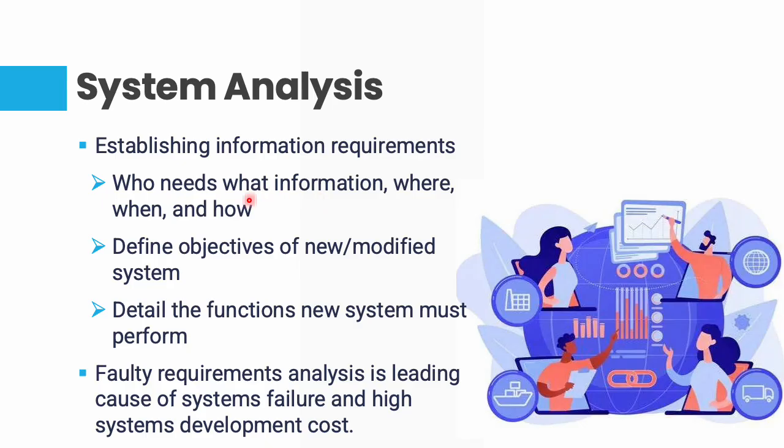In a chart? In an email? So this will help us to define the main objectives and detail all the functions the new system must perform. So if we get this requirement analysis wrong, the entire project will likely fail. So it's very important in this case.